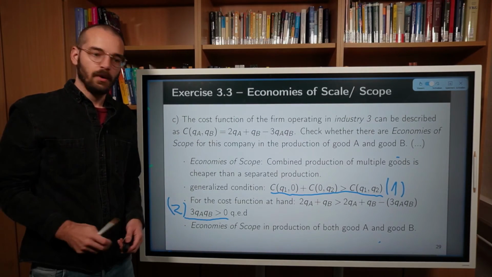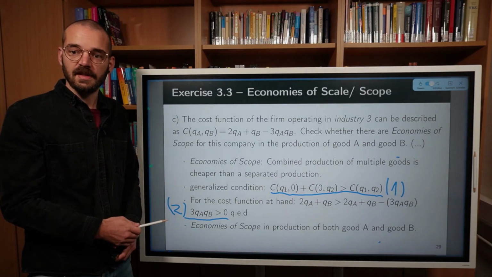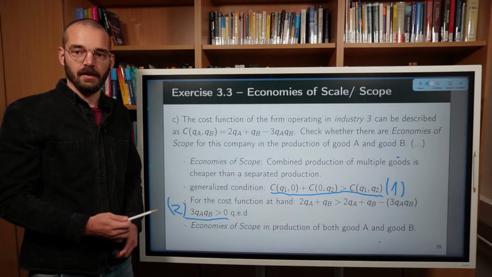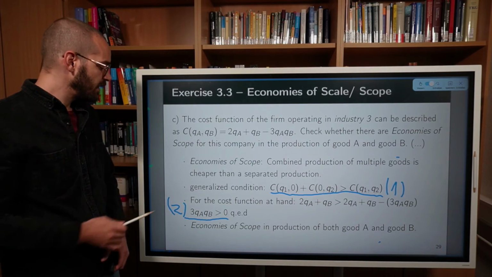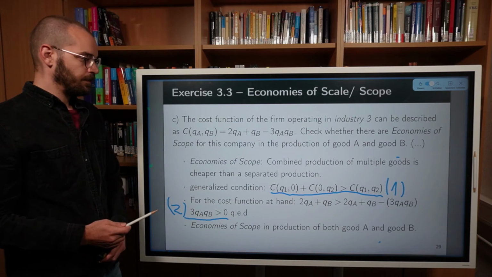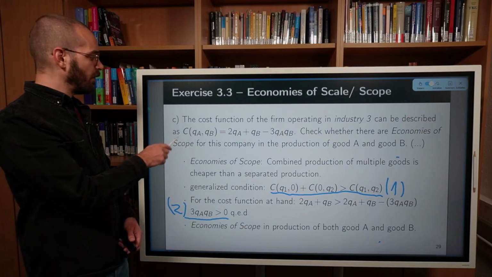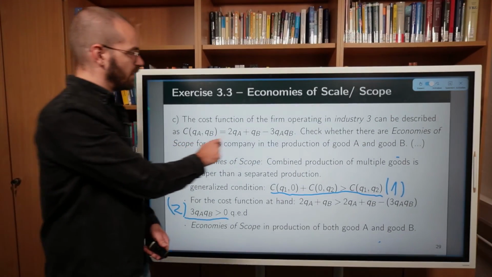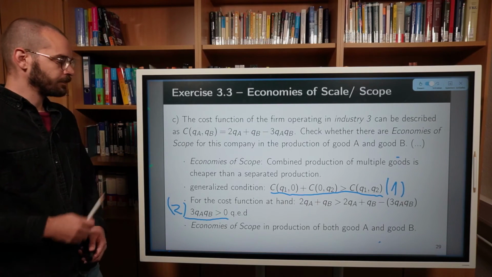And for a world where firms can only produce non-negative quantities, so any positive amount of good A and good B, this of course is always true. Right, so we have shown that a firm that is faced with this cost function shows economies of scope.